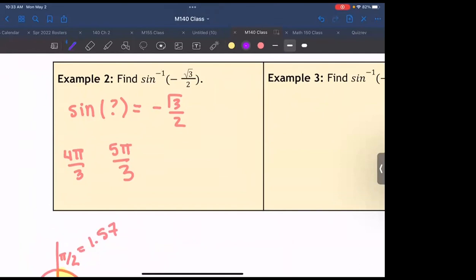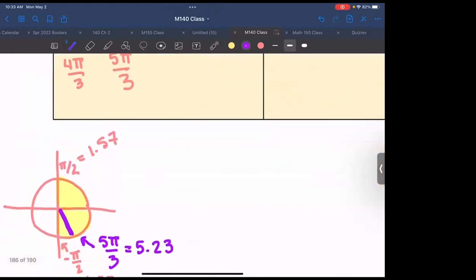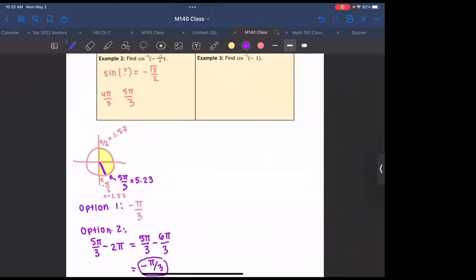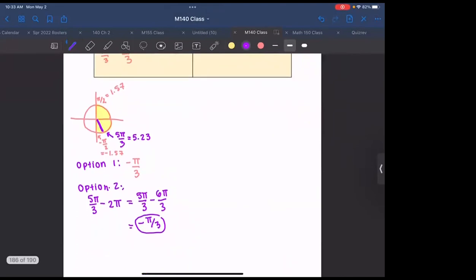We got two different angles, 4 pi/3 and 5 pi/3. And we knew our answer had to be either in quadrant 1 or quadrant 4. We got the angle that was in quadrant 4, but we realized it wasn't between negative pi/2 and positive pi/2. So we subtracted 2 pi to get negative pi/3.